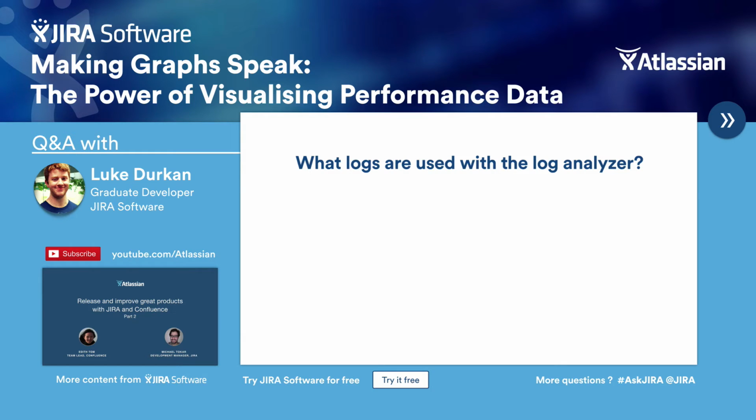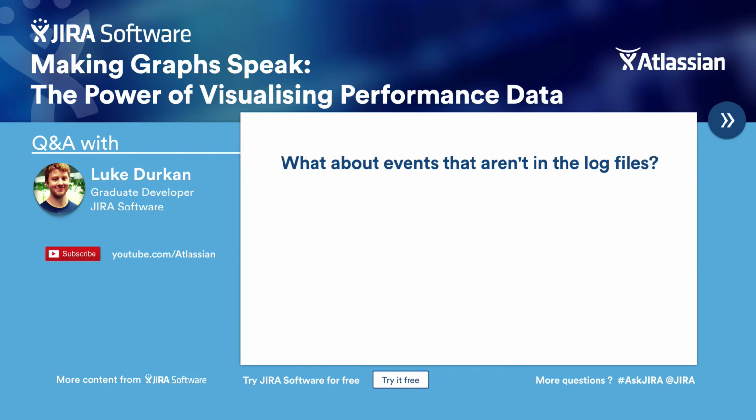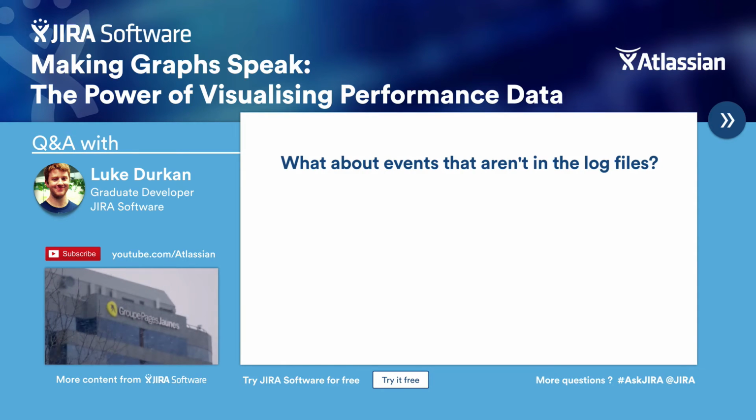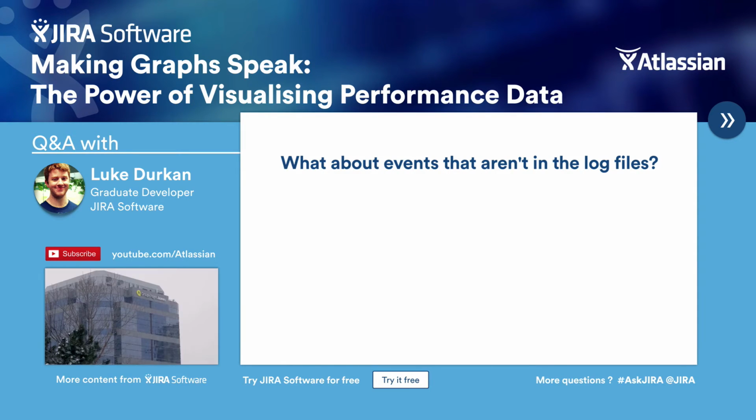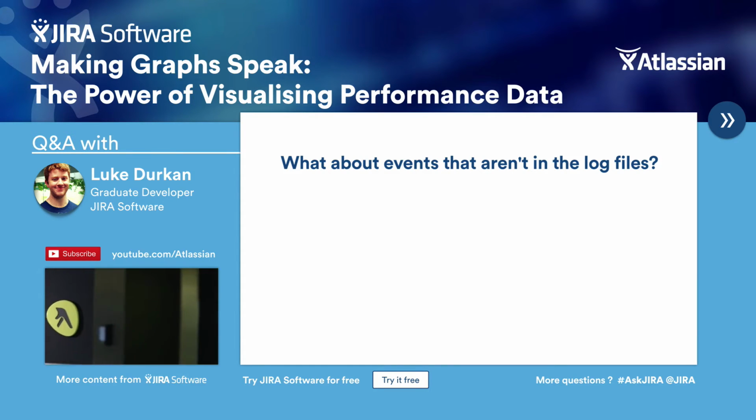Let's move on to the next question. What about events that aren't in the log files? I would say that all events that you should be looking for are in the log files. This is all looking at HTTP logs.